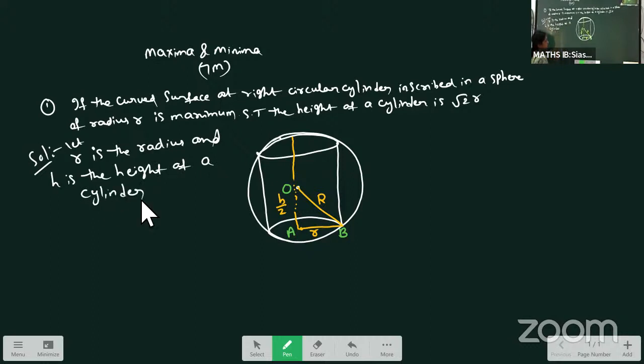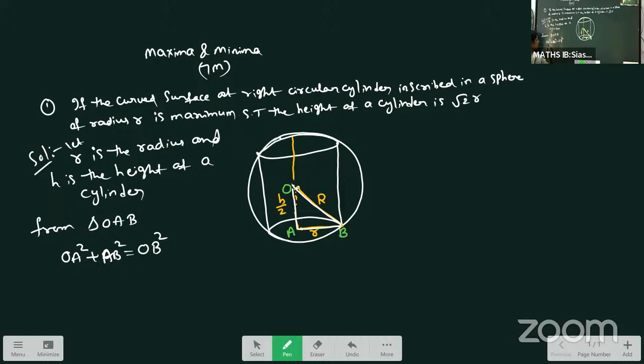Now, if you observe, this OAB is a right angle triangle. So from triangle OAB, what is the right angle triangle concept? OA square plus AB square is equal to OB square.